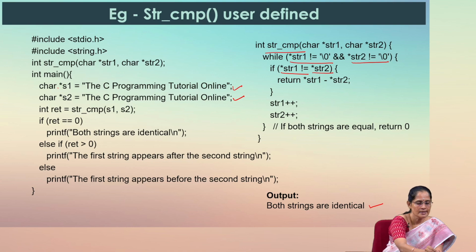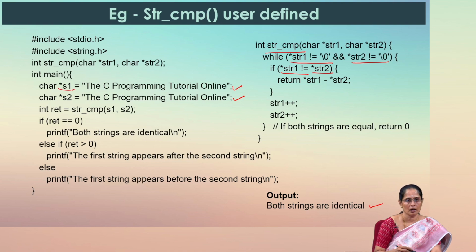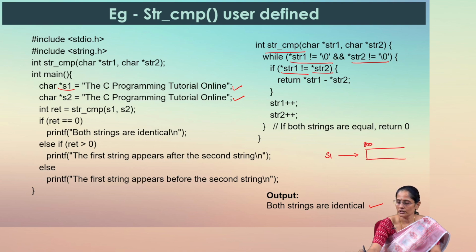So, asterisk S1 is having the value the C programming tutorials online. So, we can see that the pointer S1 will be pointing to that string. So, let us assume that it starts with the location 8000. The first character is going to be T, the second character is going to be H, the third character is going to be D, right.